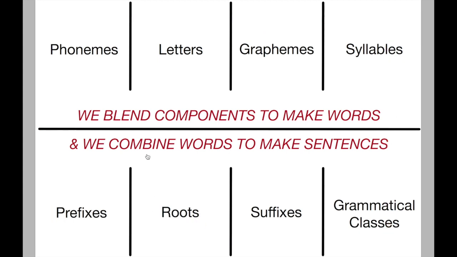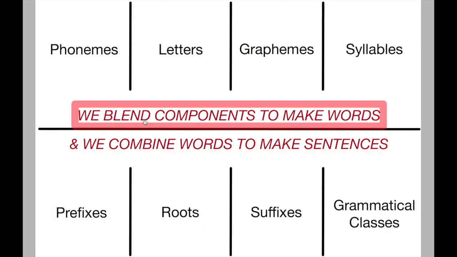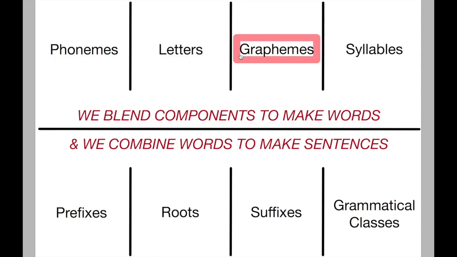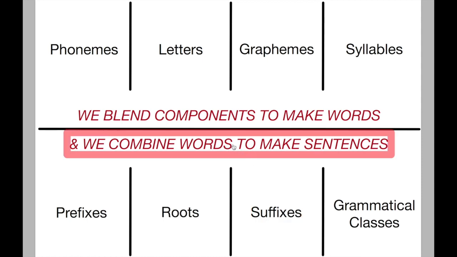And so over time we blend components to make words. We blend phonemes and letters and graphemes and syllables, or prefix and roots and suffixes, and we combine those words to make sentences, because the point of literacy is to be able to communicate in the world, but also to understand what other people are thinking through messages conveyed in print.